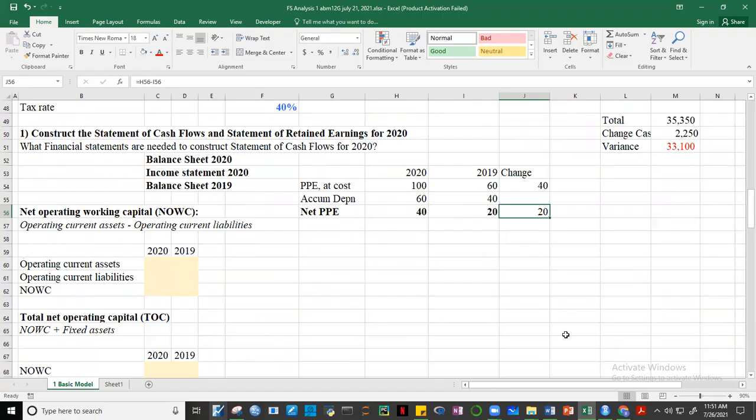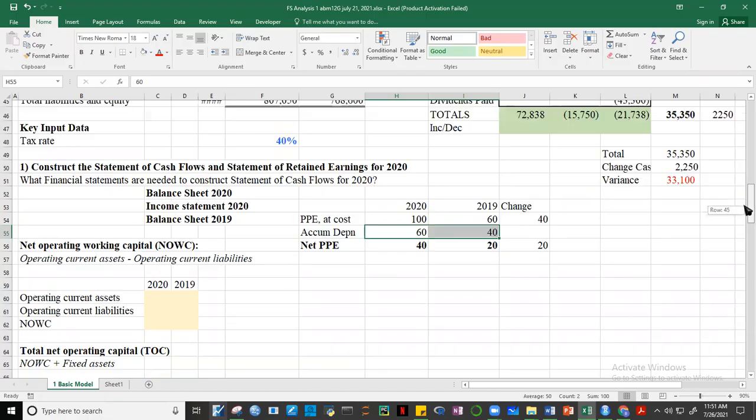When in fact, guys, the actual investment was 40. Okay? So dapat pag kino-compute natin yung investment sa property, plant, and equipment, dapat ang gagamitin natin yung cost. Kasi yan yung original, yan yung actual value. Itong net PPE, guys, take note, in-adjust na natin siya, binawasan na natin ng accumulated depreciation, no?